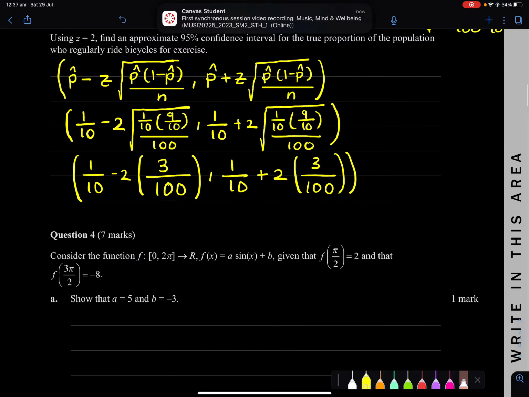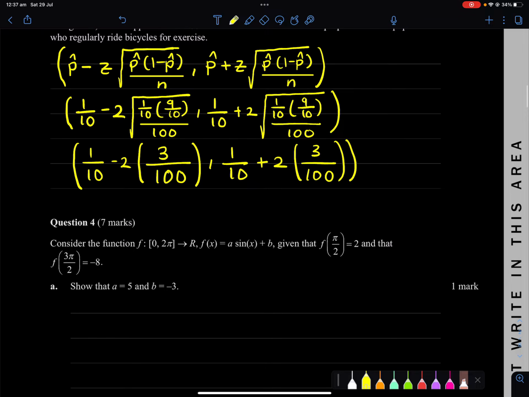Now this is easy. So 1 over 10 for this one minus 6 over 100. Simplifying that, it will be 10 minus 6, which is 4 over 100.